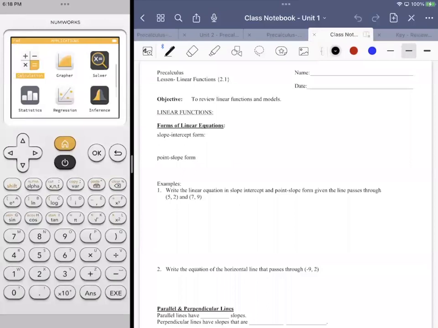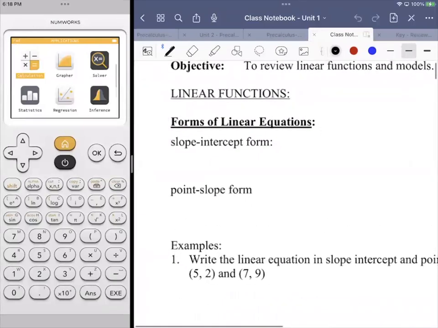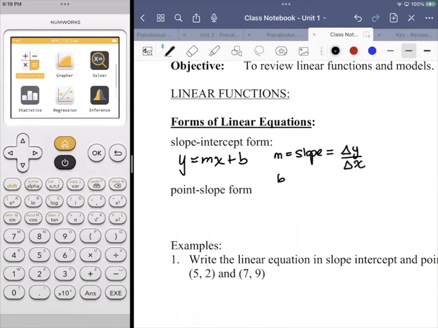All right. So we have the slope intercept form, which is y equals mx plus b. The m is the slope, which is the change in y over change in x. And the b is the y-intercept. All right.